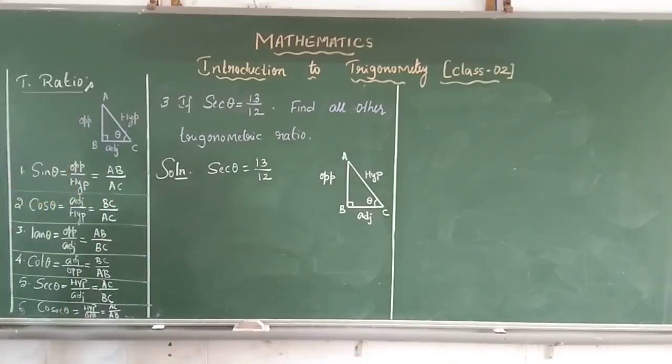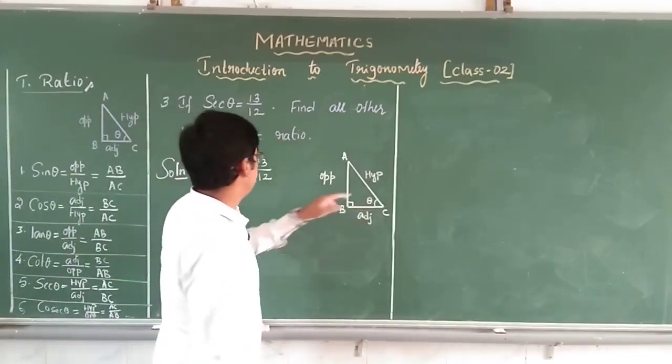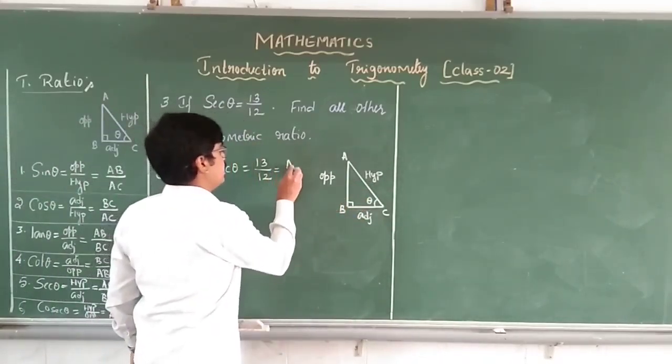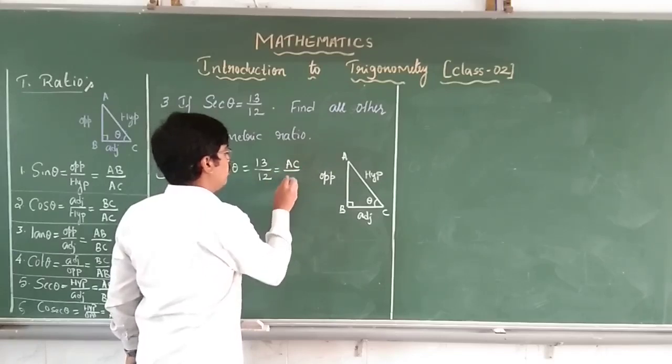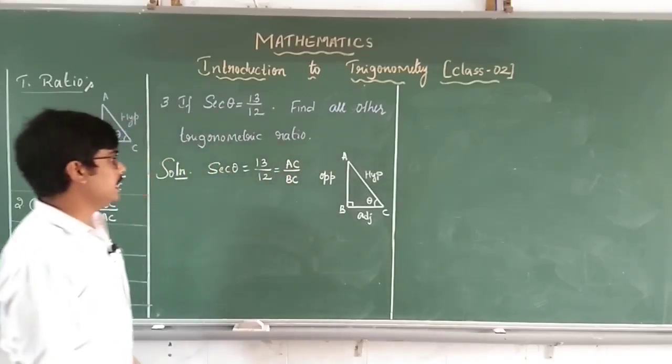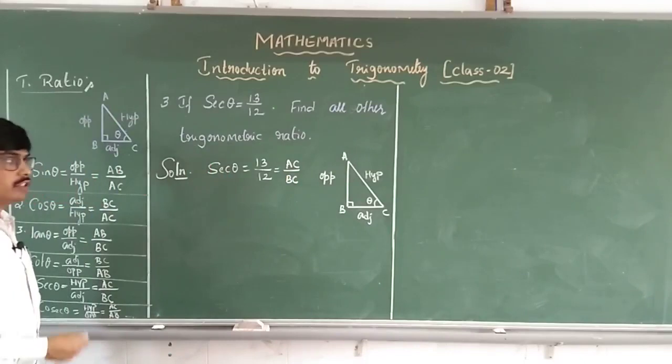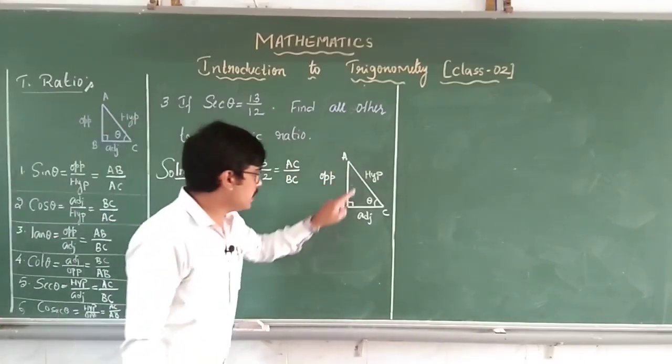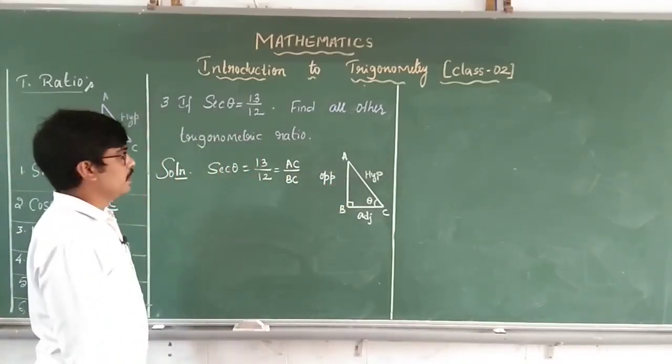So secant is the ratio of hypotenuse to adjacent, that is AC to BC. Here hypotenuse is AC, adjacent is BC.